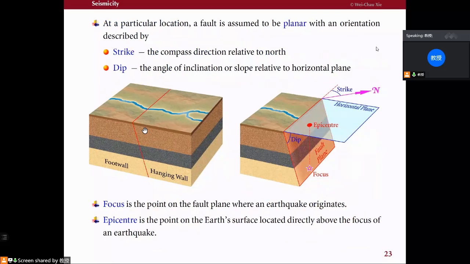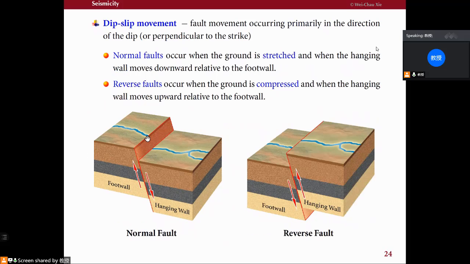The portion on top is called the hanging wall, and the part underneath is the foot wall. So in normal faults the hanging wall slides downward or the foot wall moves upward.